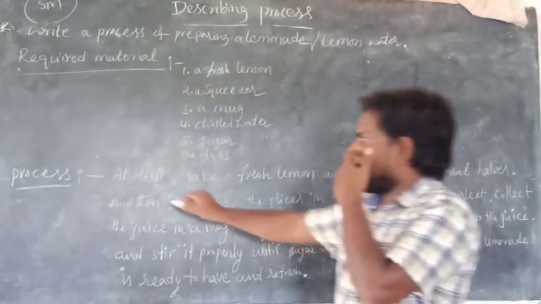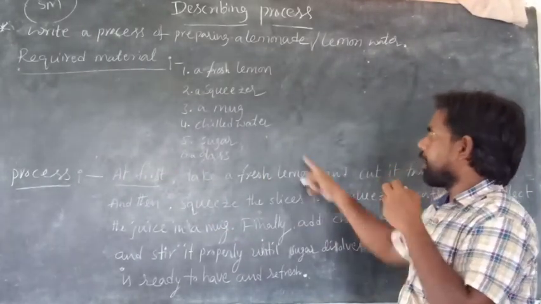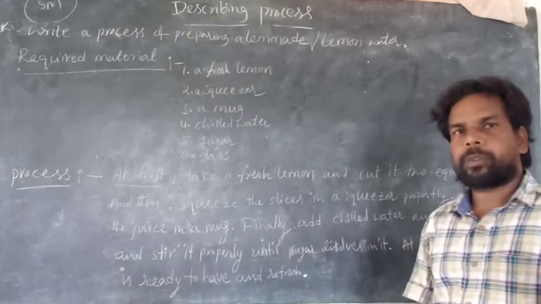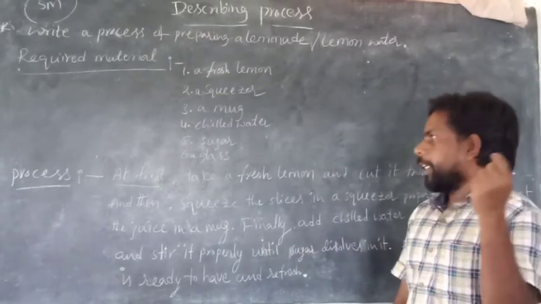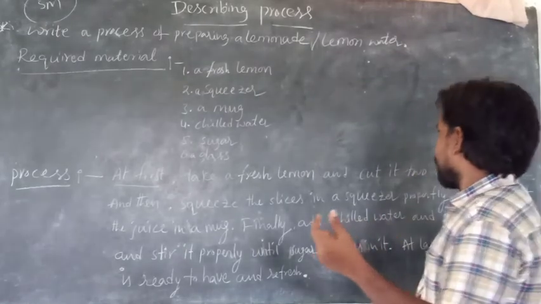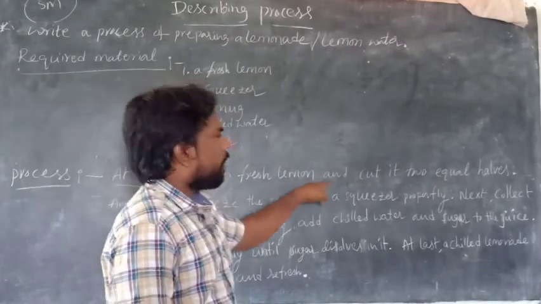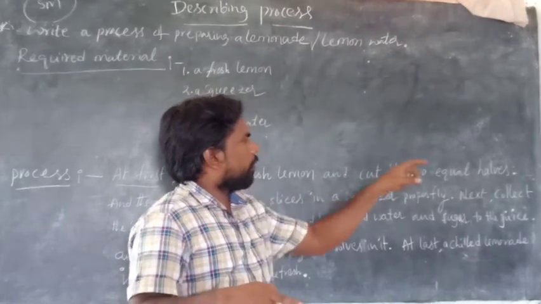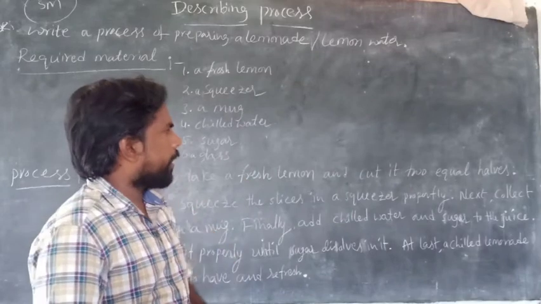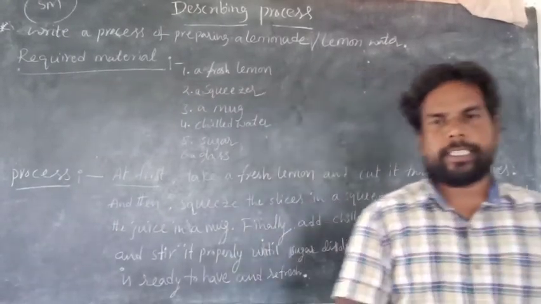See, at first take a fresh lemon. At first, what should we do? Take a fresh lemon and cut it into two equal halves, or two equal slices.